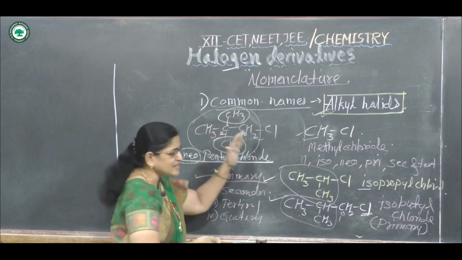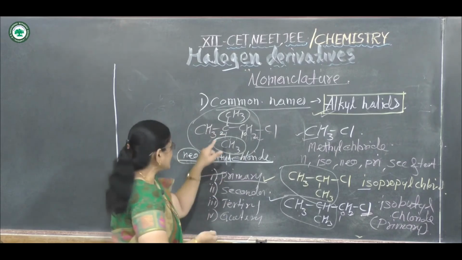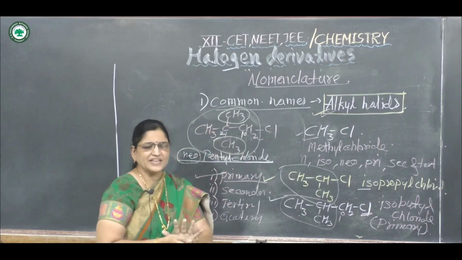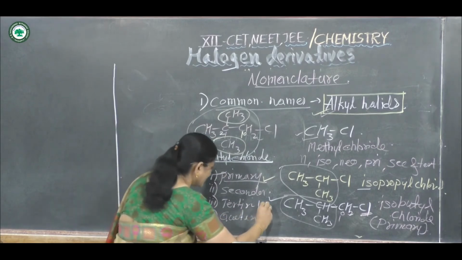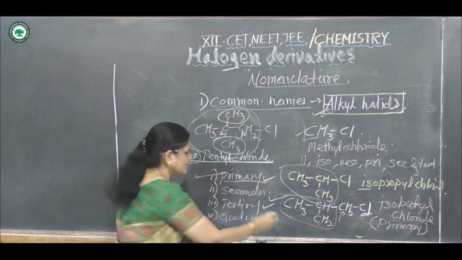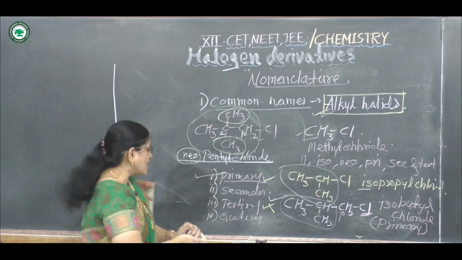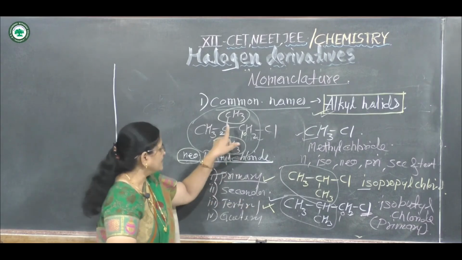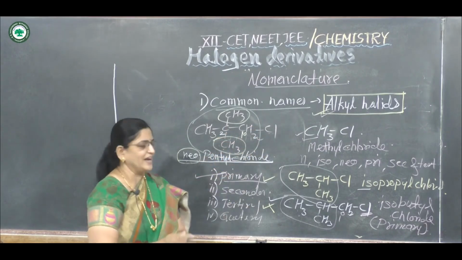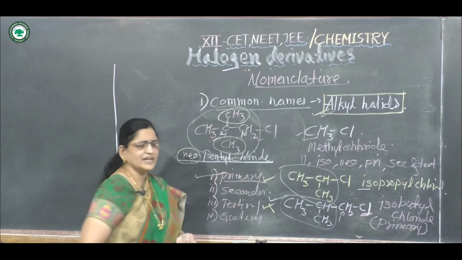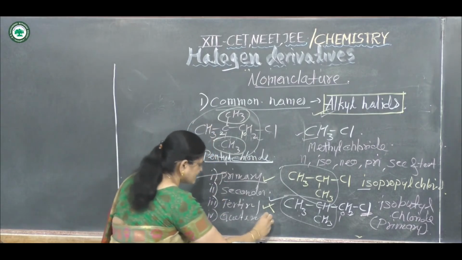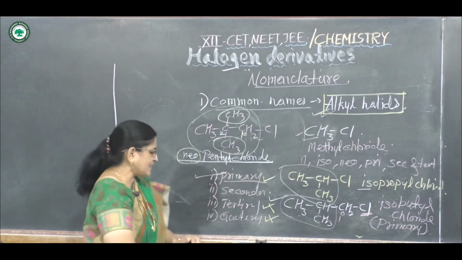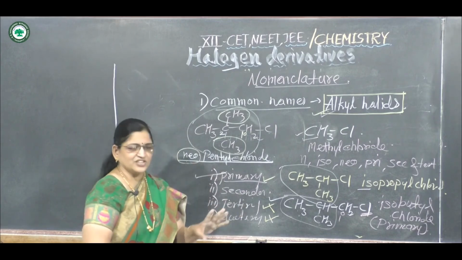This problem is also confusing. That is, on the second carbon atom there are 3 branches. Someone writes the answer here as tertiary, but this is wrong. This is not a tertiary alkyl halide, but this is also a primary alkyl halide. This carbon atom is a quaternary carbon atom, hence the answer is not quaternary, not quaternary as well as tertiary.